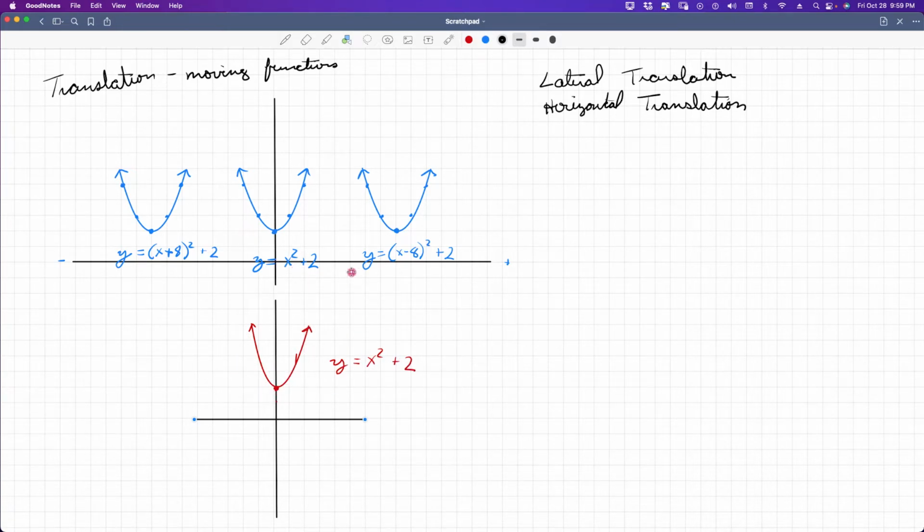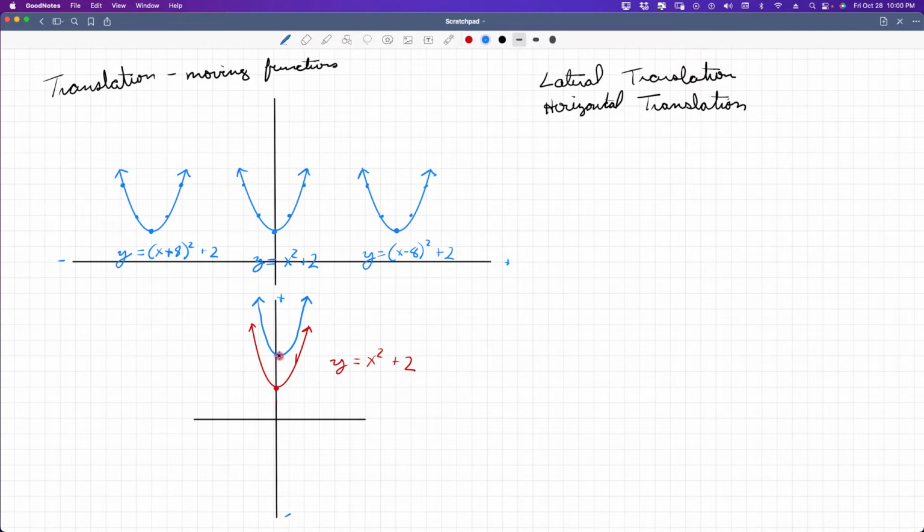But let's say I want to move this guy up, right? I want to move him ahead 2. So I move him up 2. Now remember, this is the positive side of the y-axis. This is the negative side of the y-axis. It is the same process, only this time we adjust the y.